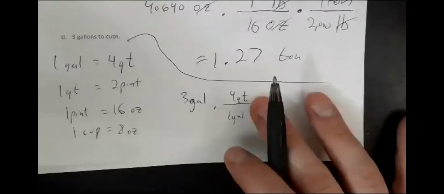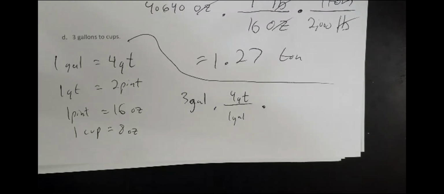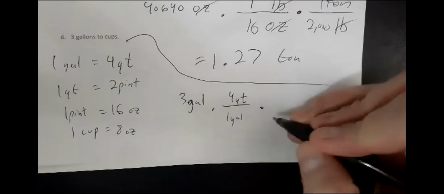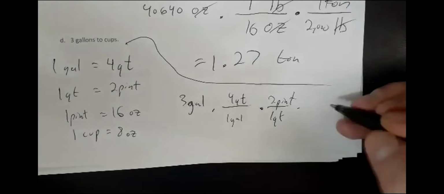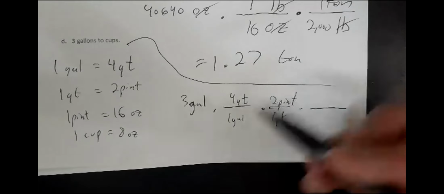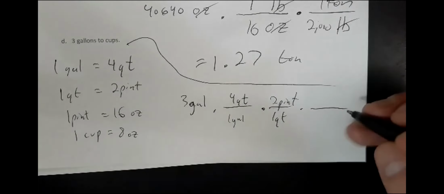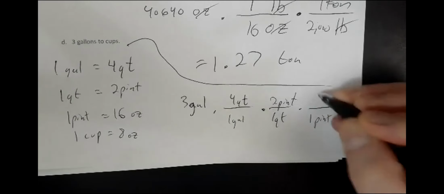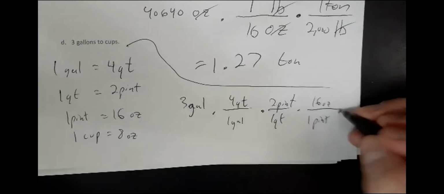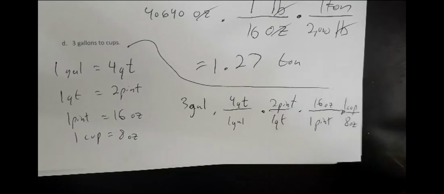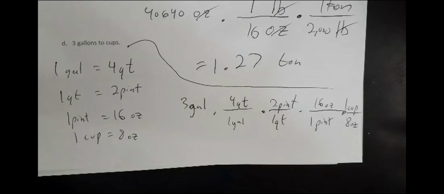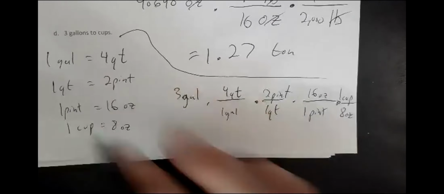I was trying to set this up just so we have a full unit analysis happening. 3 gallons, 1 gallon to 4 quarts. We got 1 quart to 2 pints. We got 1 pint to 16 ounces. And then if we go back and convert ounces to cups, there are 2 cups in 16 ounces.